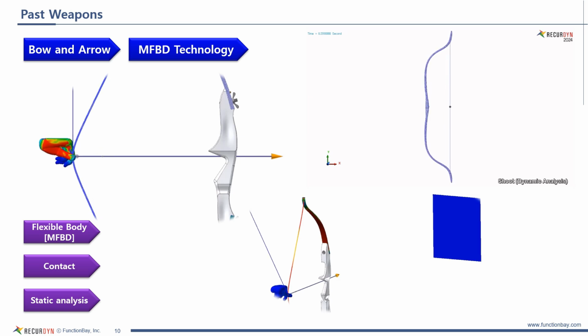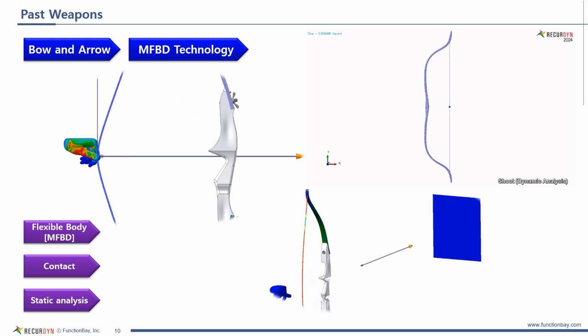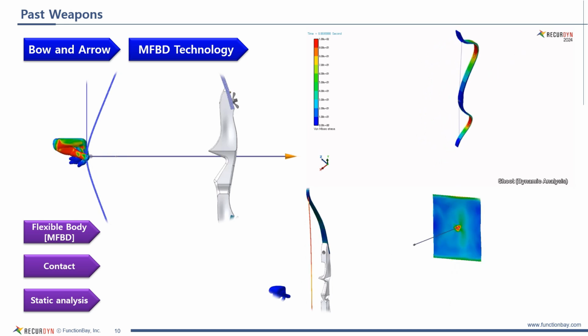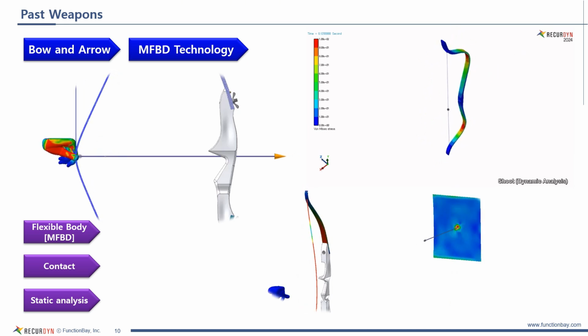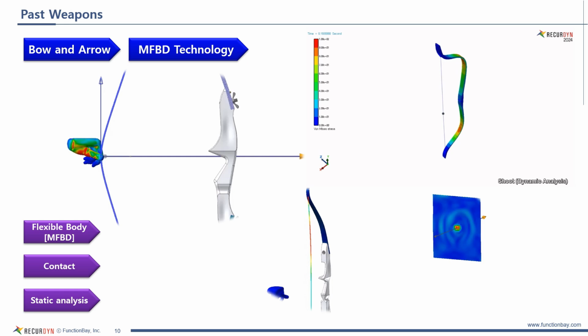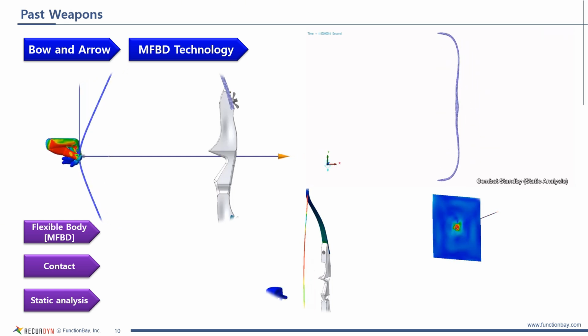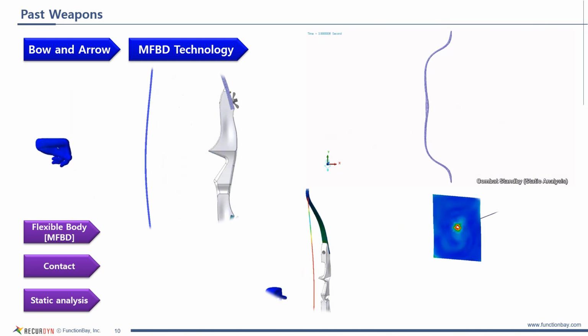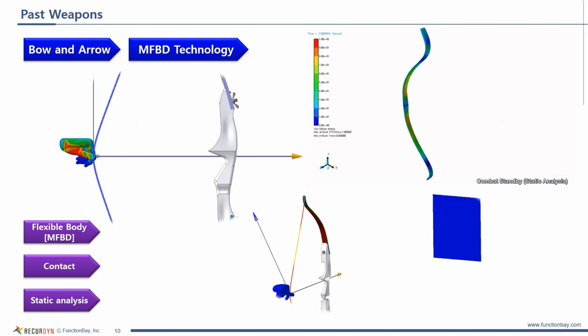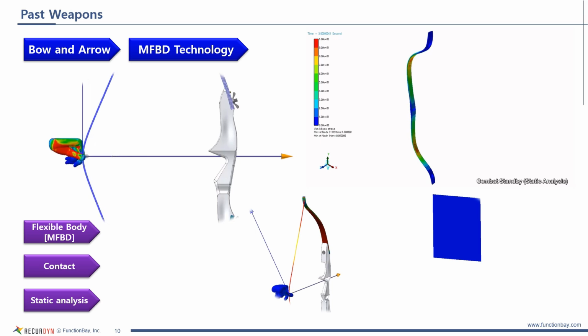It demonstrates the process of stringing a tightly curved bow and drawing the arrow. To quickly determine the deformation of the bow when the string is attached, static analysis has been applied, solving the equations of motion at a static position.